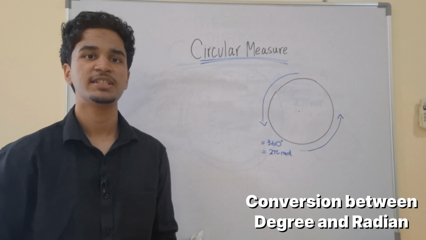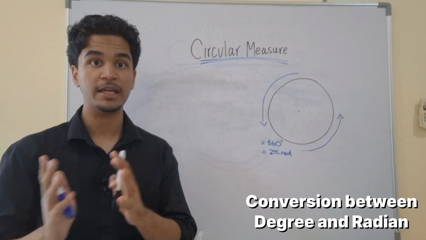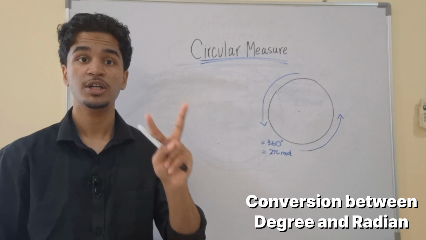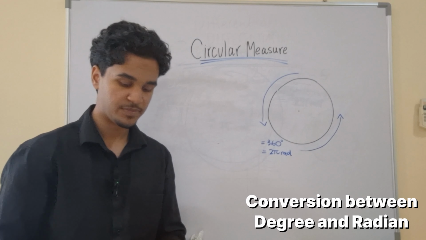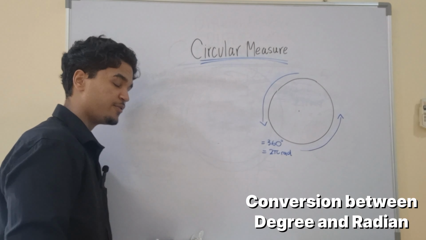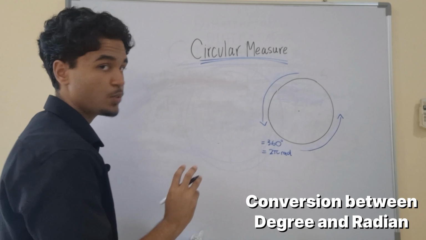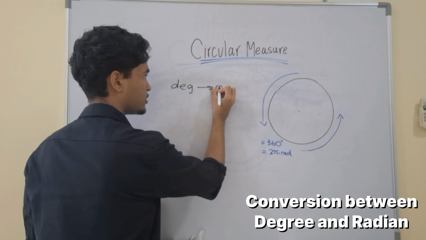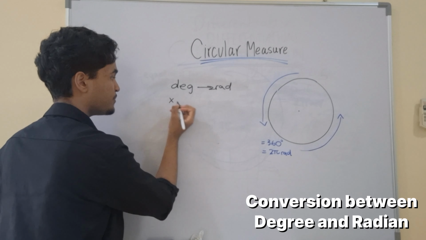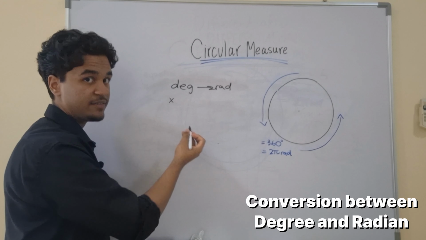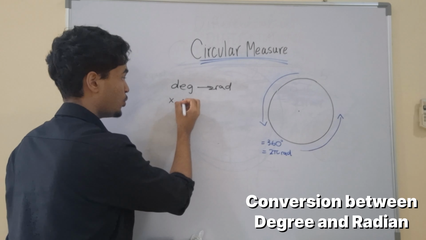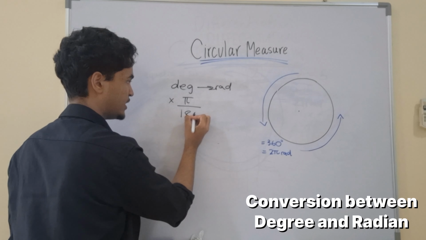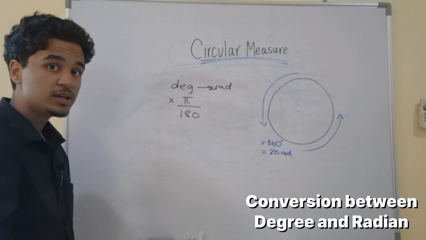Okay, so now the question is, how do you convert between degrees and radians? This is actually very straightforward. You just have to follow two very simple formulas. If you want to convert from degrees to radians, you multiply the angle you have in degrees by pi over 180.